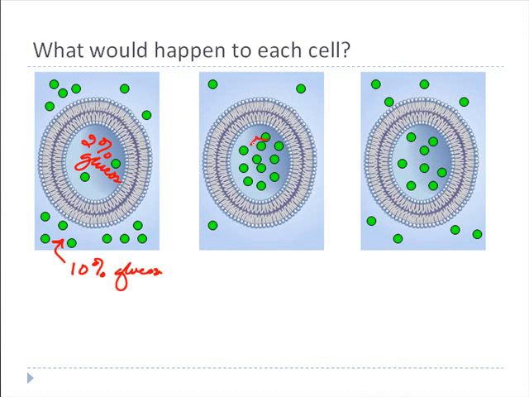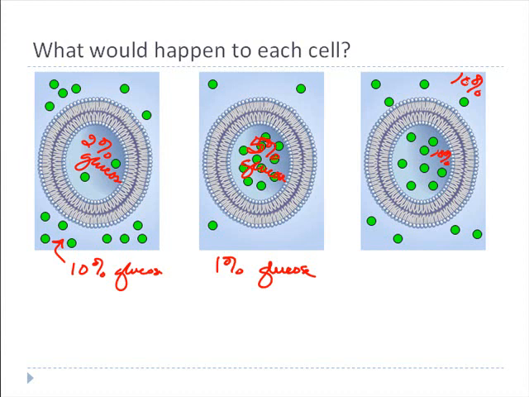In the second one here, let's have this be 5% glucose, and the outside will make it 1% glucose. In this one, let's make both the inside and the outside the same at 10%.